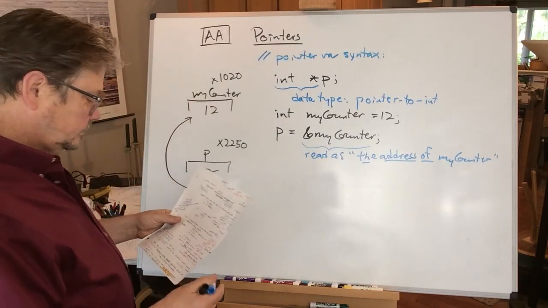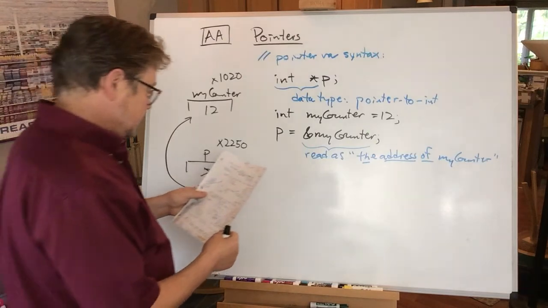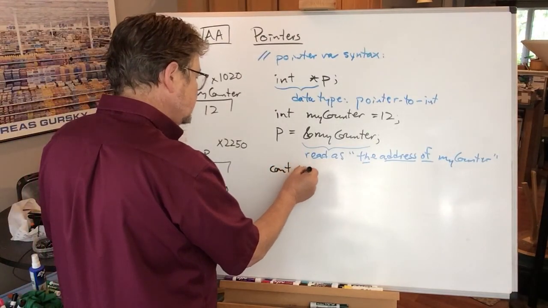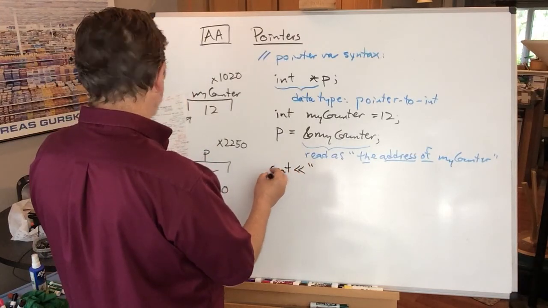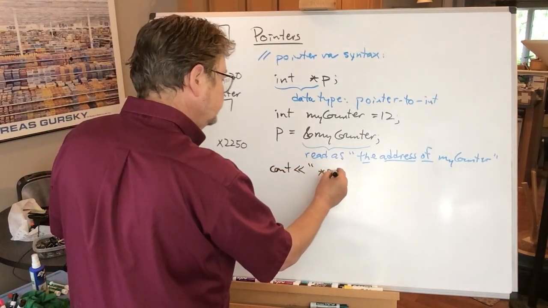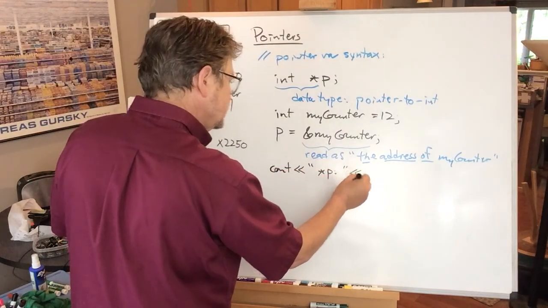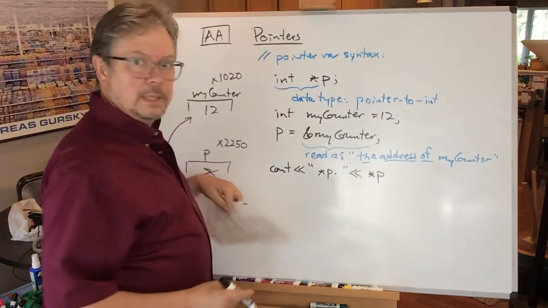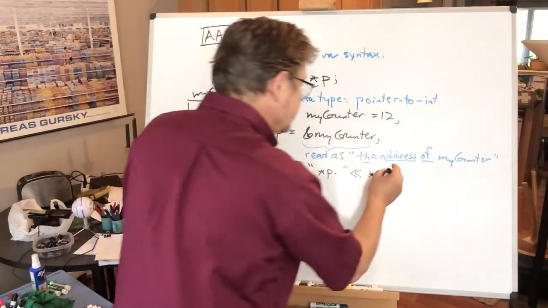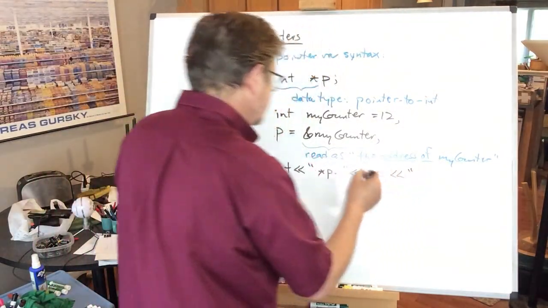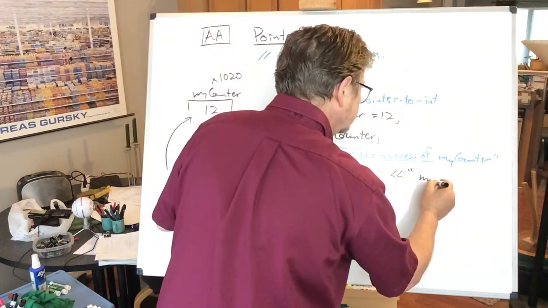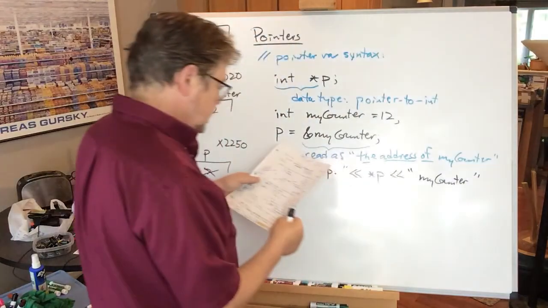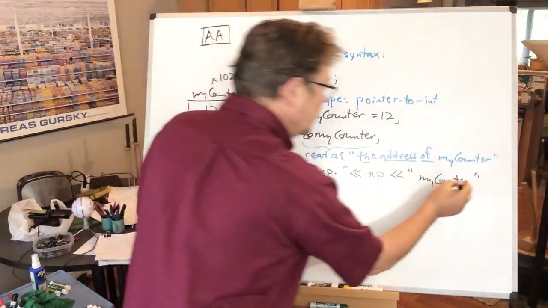Okay. So that's not much, but that's a little, so I'm going to write a cout statement here. Cout, less than, double quote, star P colon, close double quote, less than, star P, or asterisk P, your choice, less than, double quote, space, my counter, and I think I want to put a colon after my counter.